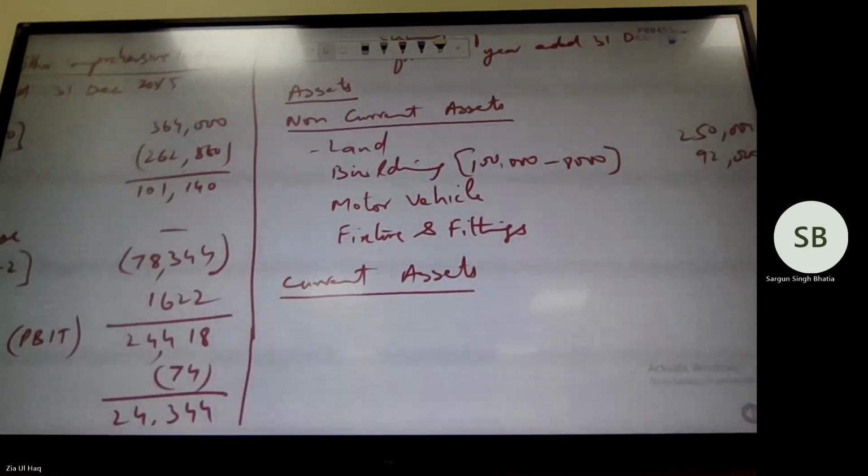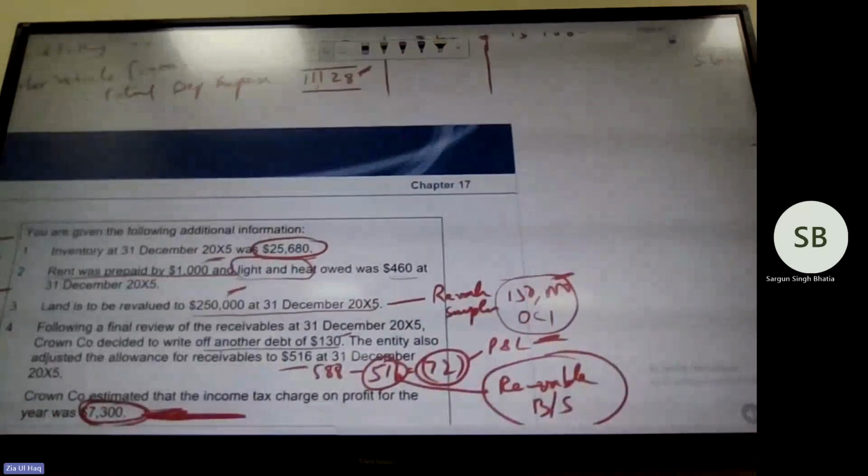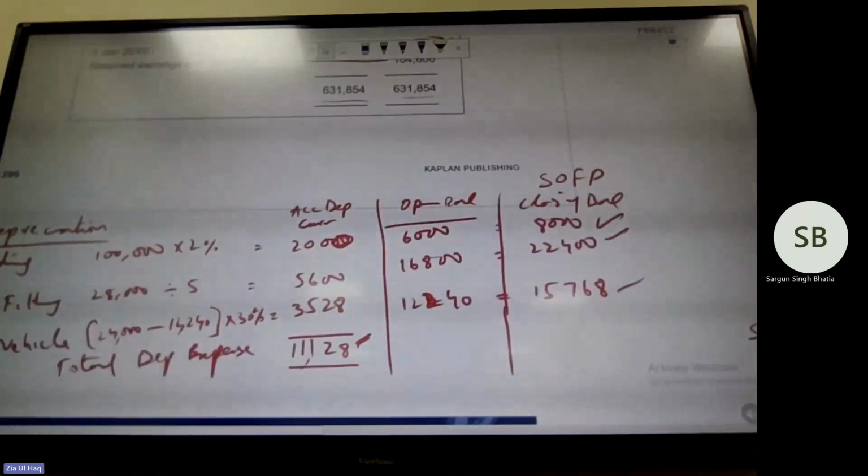And then what's the next asset? Fixture and fittings, and motor vehicles. For motor vehicles, we are having a cost.